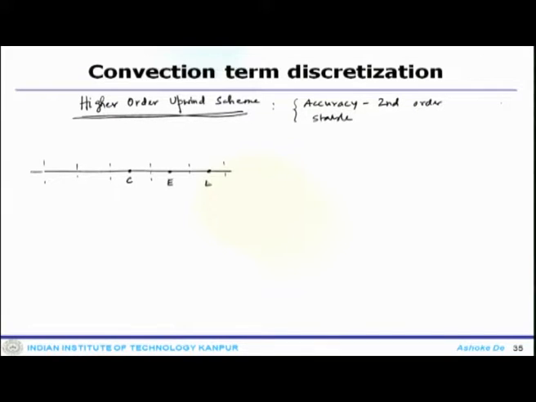This is E, W, WW, this is EE. So, it uses a similar kind of stencil in a one dimensional system, but now an important property associated with the flux at the interface is that the element C and what it follows.